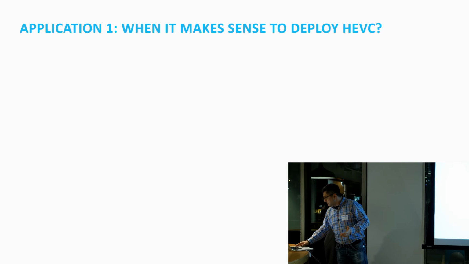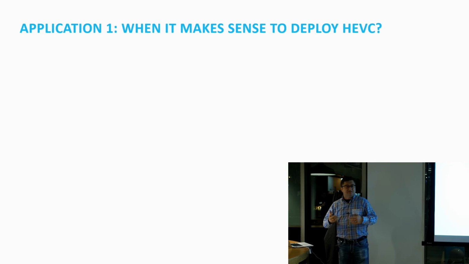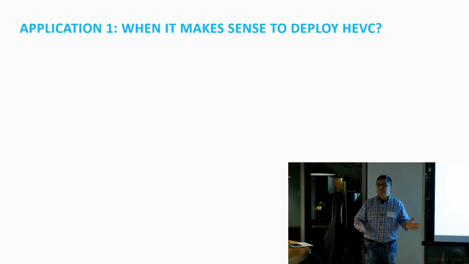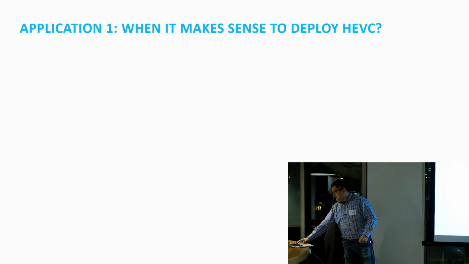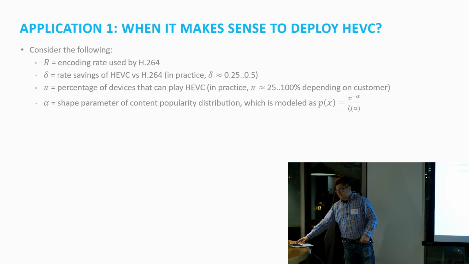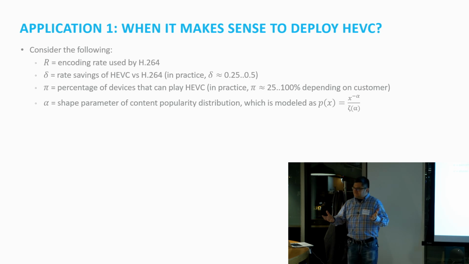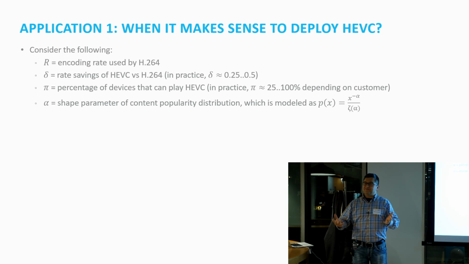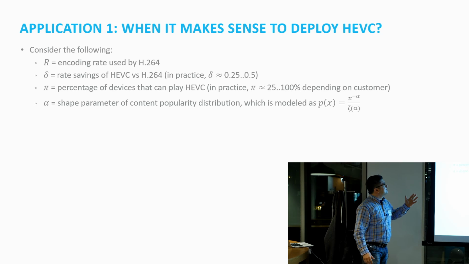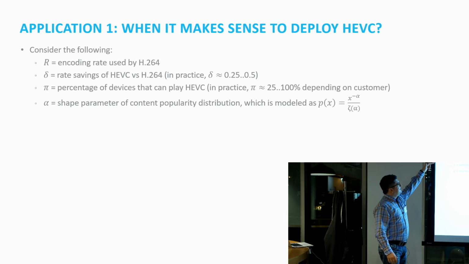And now let's take a look at some examples of practical scenarios where we could immediately try to apply it. One wonderful situation is when to deploy HEVC. It's a very pressing question in practice, so let's assume that R is the rate of H.264, and delta is the rate savings of HEVC.